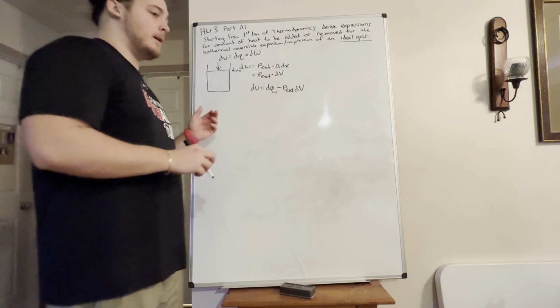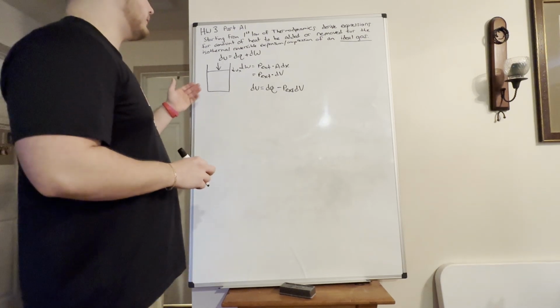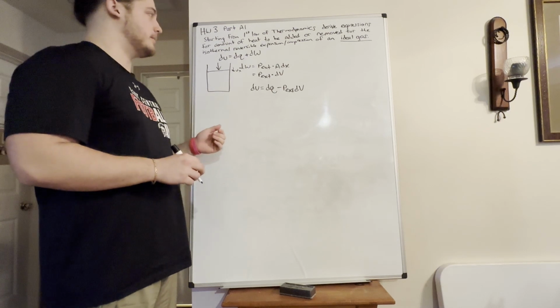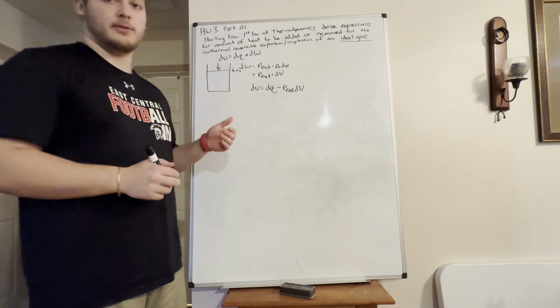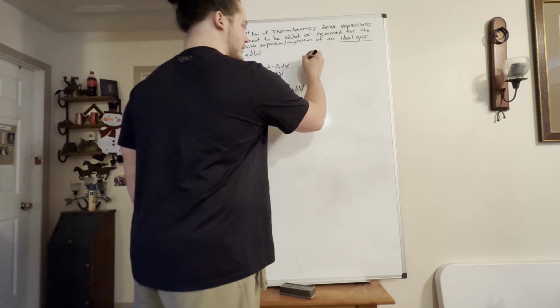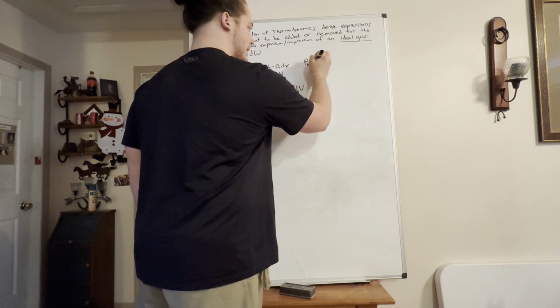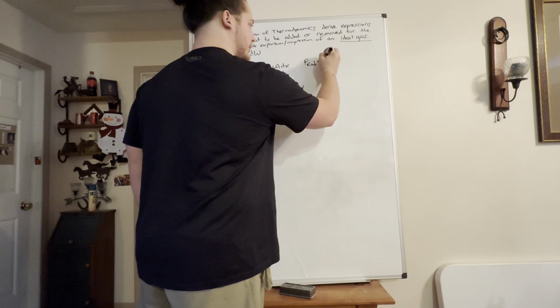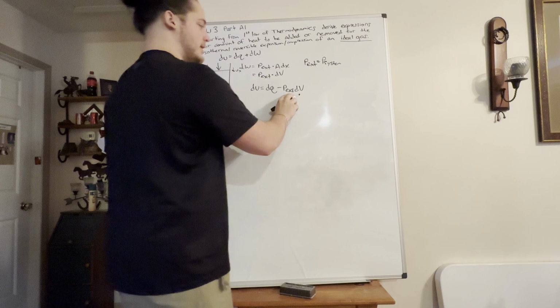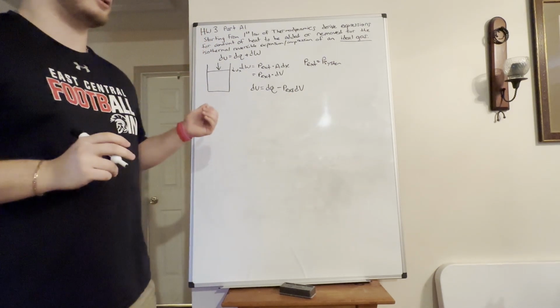Now we know that in a reversible process we do not want work done on the system to accelerate. So we can denote our external pressure as equal to the pressure of the system. So now we don't need external pressure, we can just have pressure.